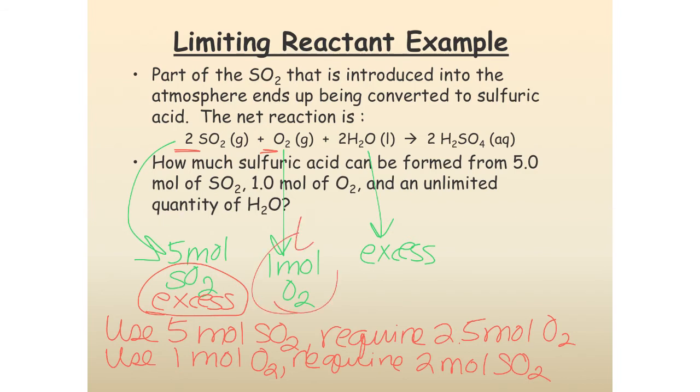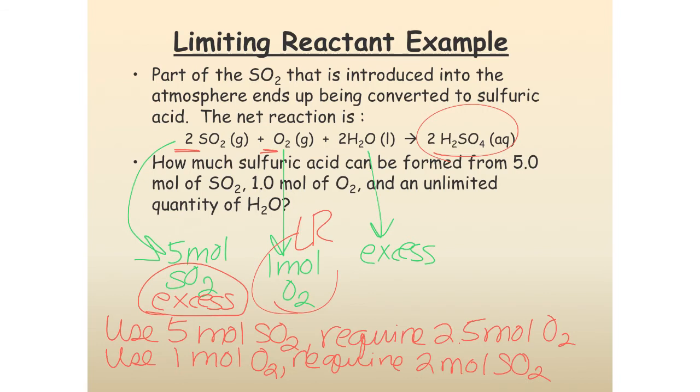That makes O2 my limiting reactant. So if O2 is my limiting reactant, that is going to limit how much of the products I can produce, because once that gets used up, the reaction can't happen anymore. So if O2 is my limiting reactant, and if I only have 1 mole of O2, I can produce 2 moles of sulfuric acid because they're in a 1-to-2 ratio.